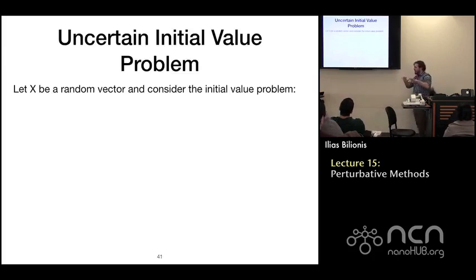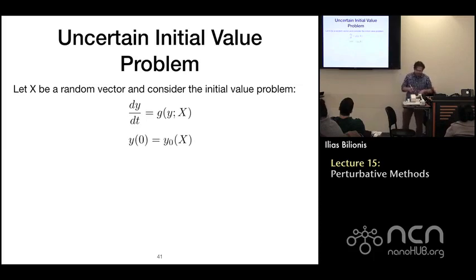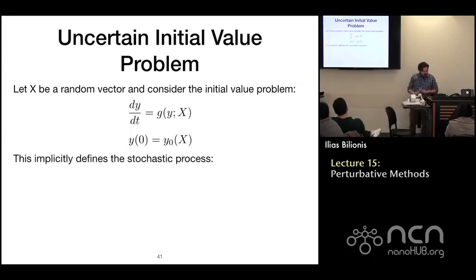You see how it looks like. So now, x, again, is a random vector just like before. You have a dynamical system, dy dt equals g of y, x. Y could be multidimensional, that's fine. This is a differential equation with initial conditions, y naught equals y naught of x. And now this dynamical system, if x is random, defines a stochastic process.